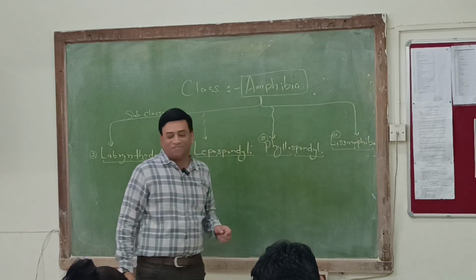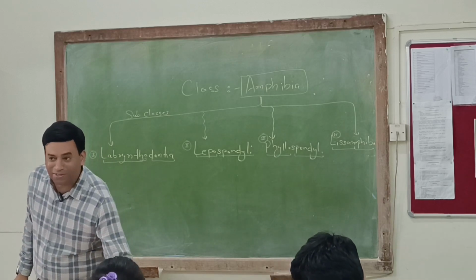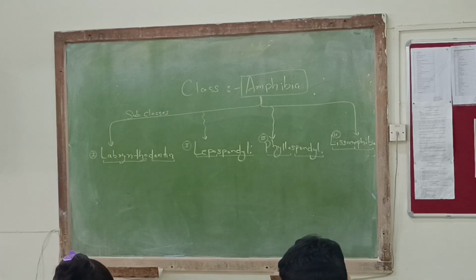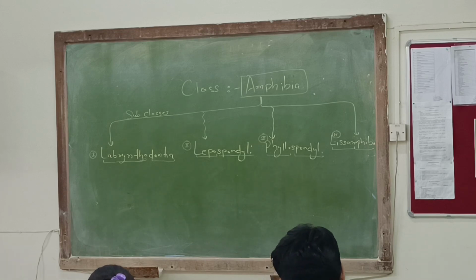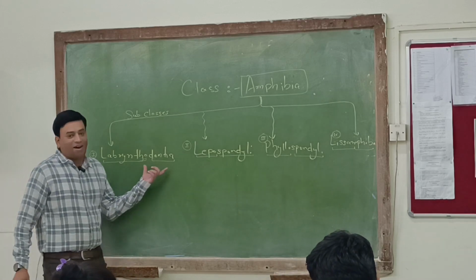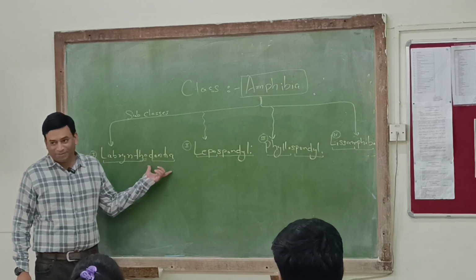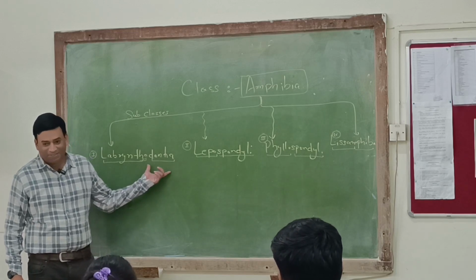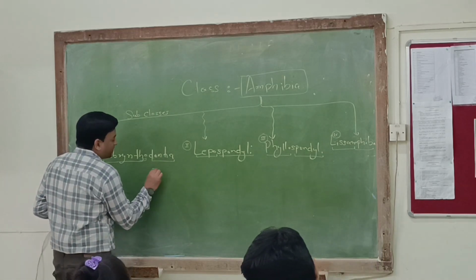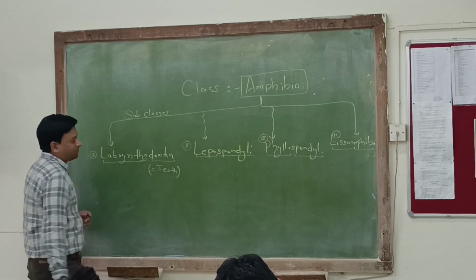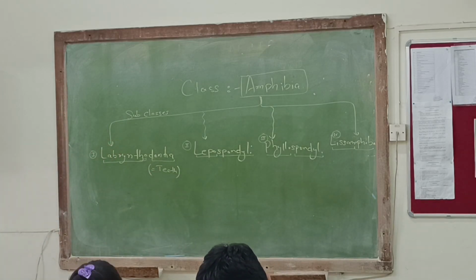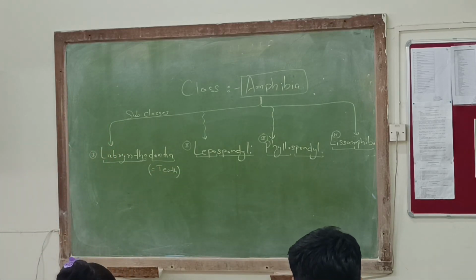You are aware of amphibia. Apart from that, I don't think any of you knows the meaning of these terms. You may know one thing: what is dontia? Teeth. Yes, very good. So you can write dontia means teeth. We say denticles; denticles stand for teeth.